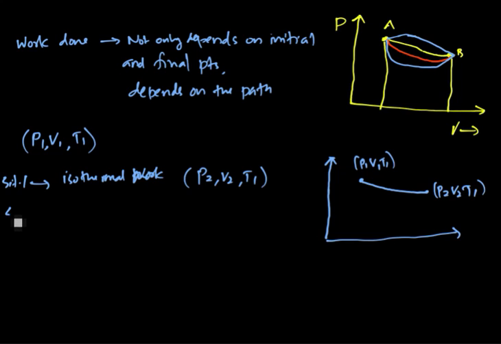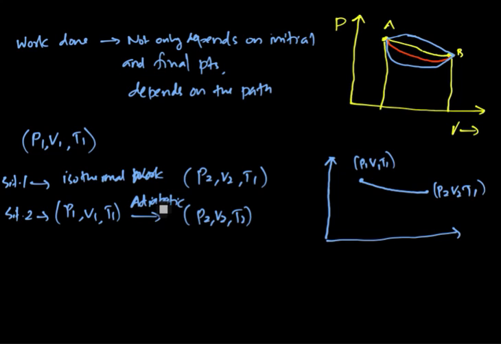Now in the second situation, the gaseous system from its initial state P1, V1 and T1 changes to the final state P2, V2, T2 through an adiabatic process.